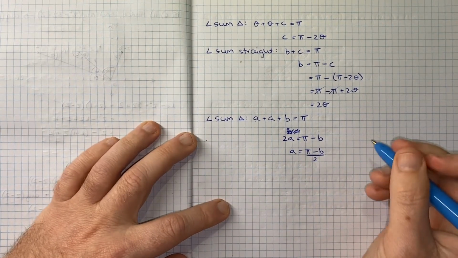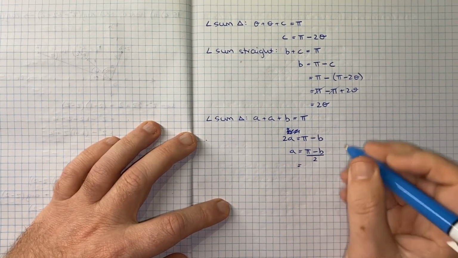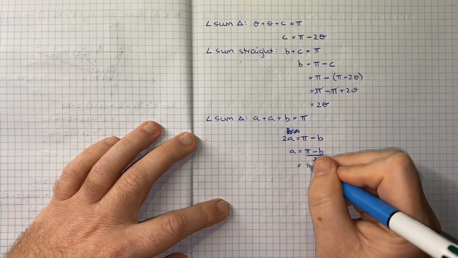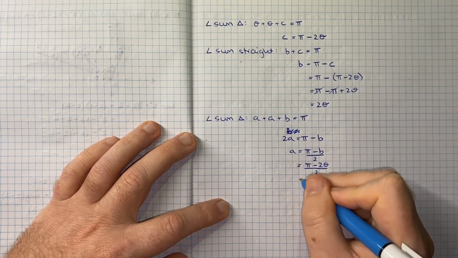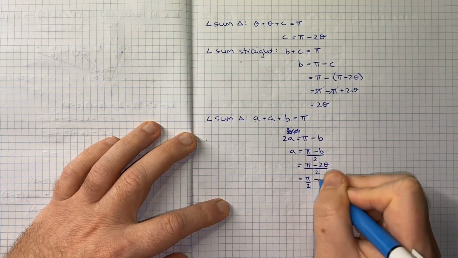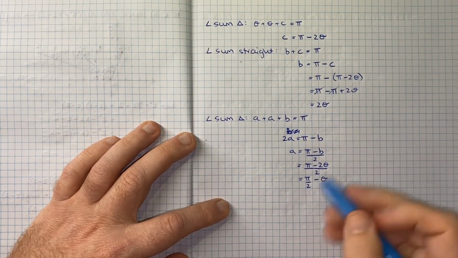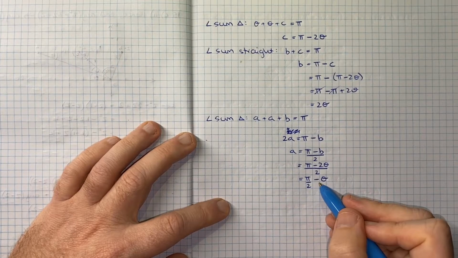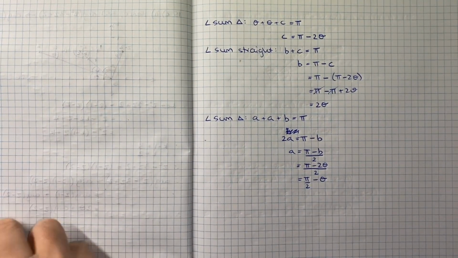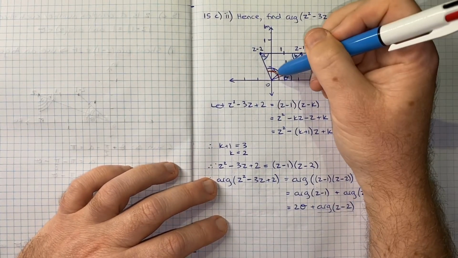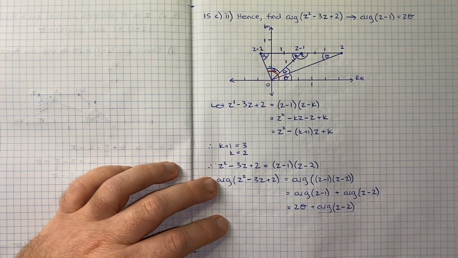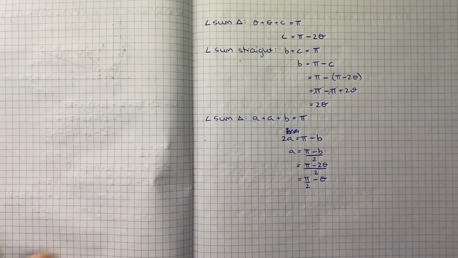So that means A is equal to pi minus 2 theta on 2. And we can say that's pi on 2 minus theta. So that's A.